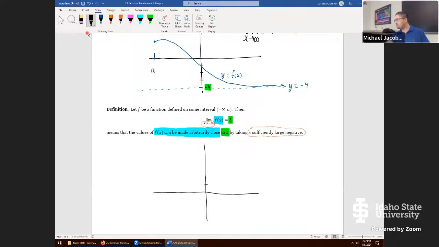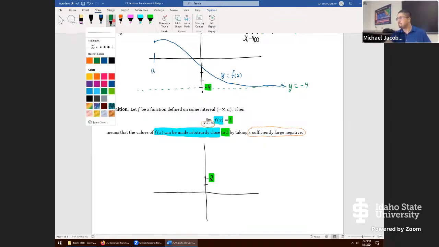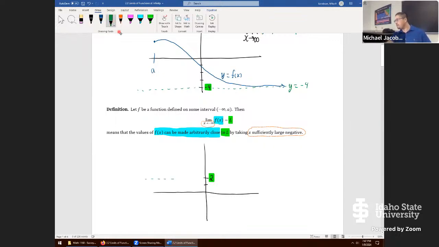Let's put one maybe right here at height 2. So right around at height 2, if we let our function go far and far to the left, sufficiently large negative, we want to hit around this height. So our curve could do something like this.